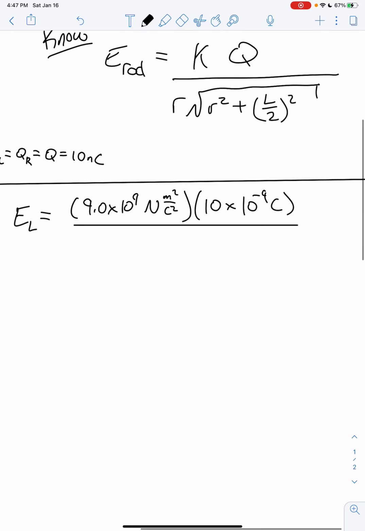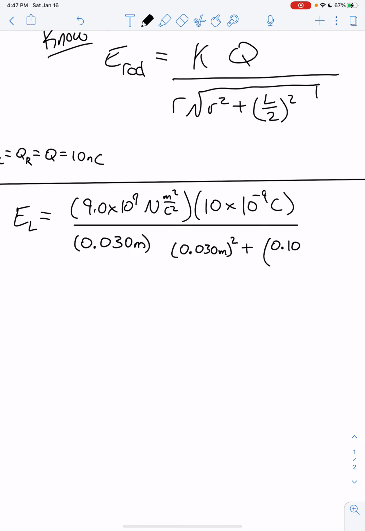And this is all over, we'll zoom in here, try and draw this nice and clearly, 3 centimeters, so 0.030 meters. Then in our square root, we've got 0.030 meters squared plus L, which is 10 centimeters, so 0.10 meters over 2, squared.